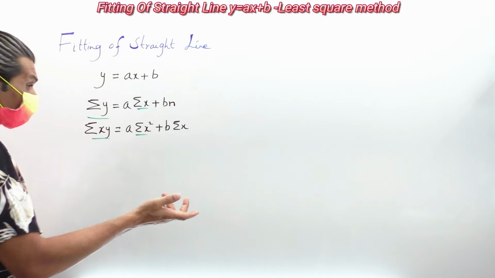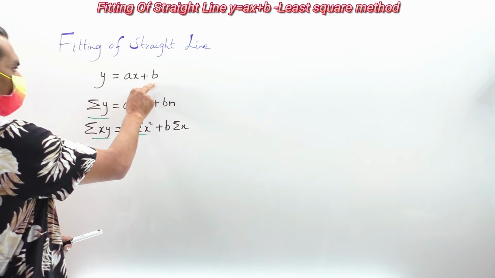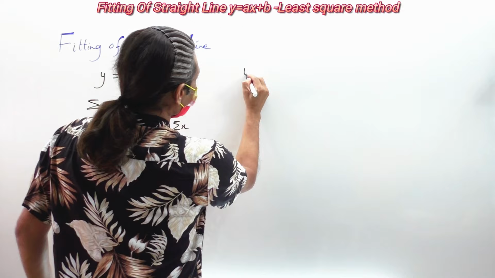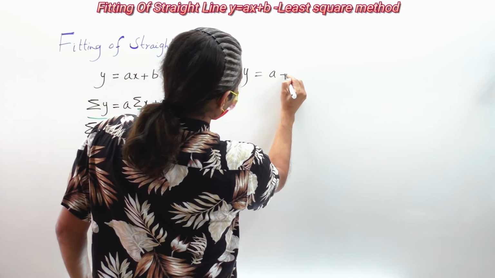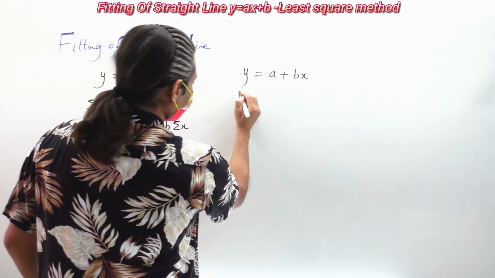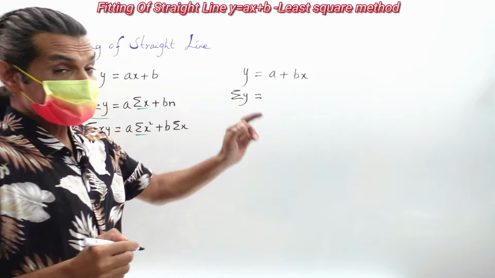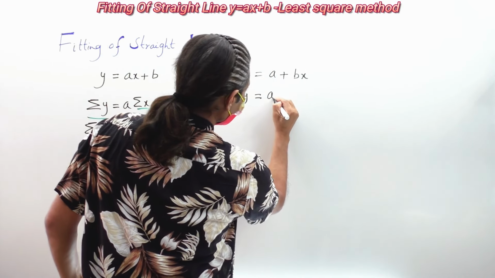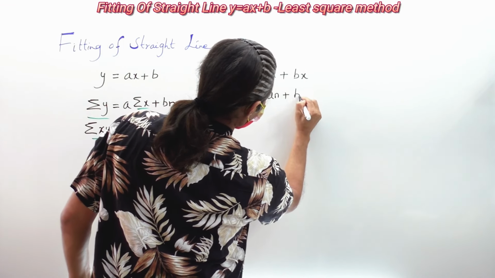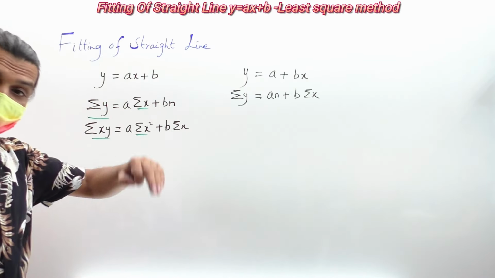I'll show that later. Now, suppose the equation is like this, say, we had y is equal to ax plus b. If I give the equation as y is equal to a plus bx, same thing, no difference. Again apply sigma here. Sigma y is equal to a, the constant, so take a into n plus b into sigma x, right? Again apply sigma.